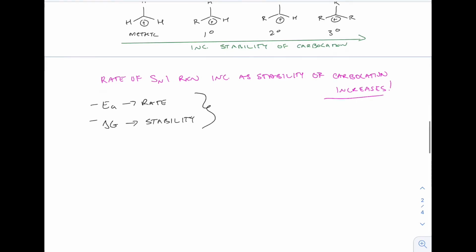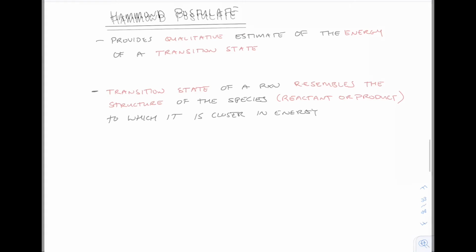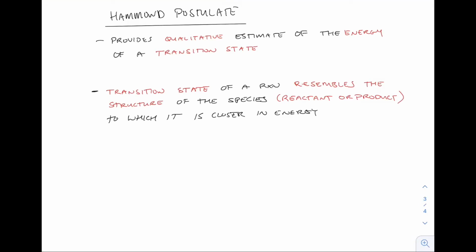So let's try and mash those two together in a concept called the Hammond postulate. The Hammond postulate provides a qualitative estimate of the energy of a transition state, okay?